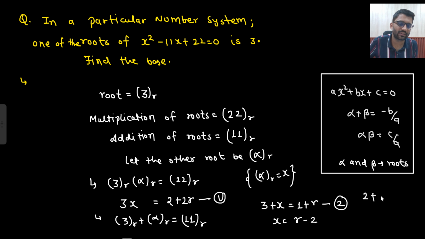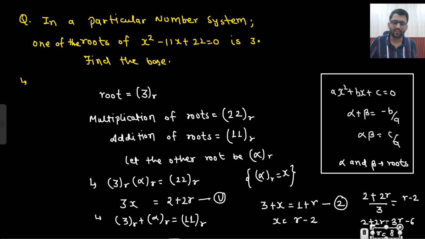So 2 plus 2r by 3 is equal to r minus 2. So 2 plus 2r is equal to 3r minus 6. So r is equal to 8. So the answer is 8, the base is 8.